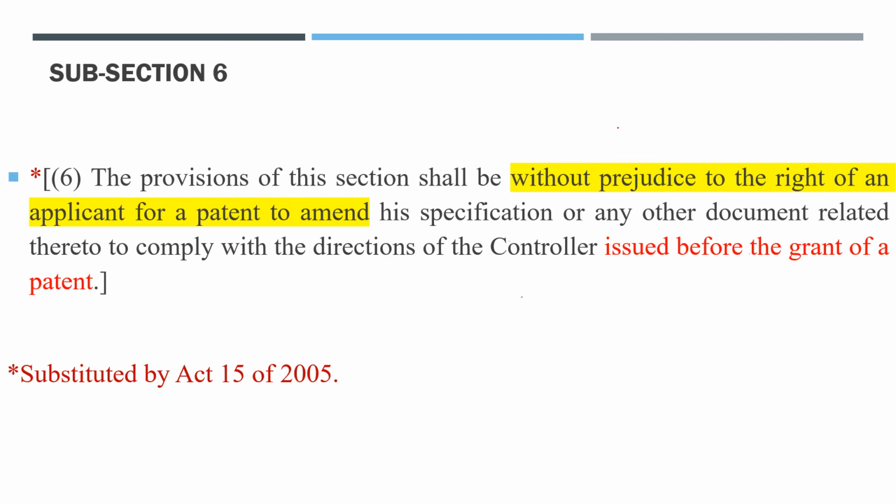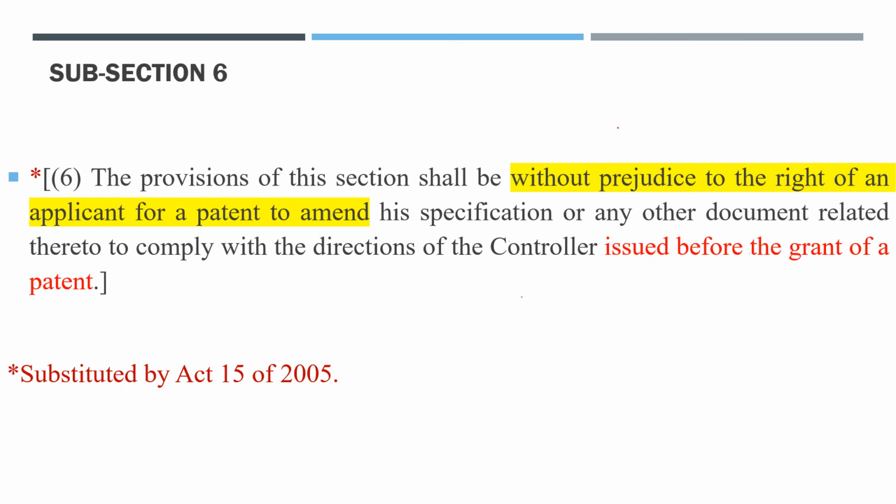Subsection 6 says the provisions of this section shall be without prejudice to the right of an applicant for a patent to amend his specification or any other document related thereto to comply with the directions of the controller issued before the grant of a patent.